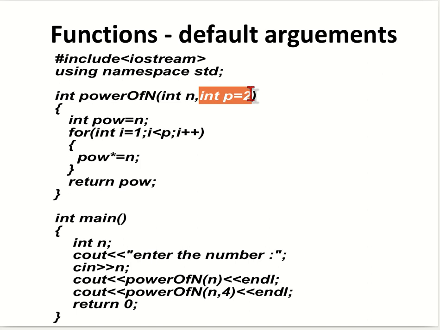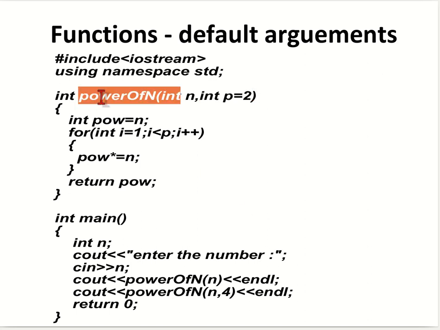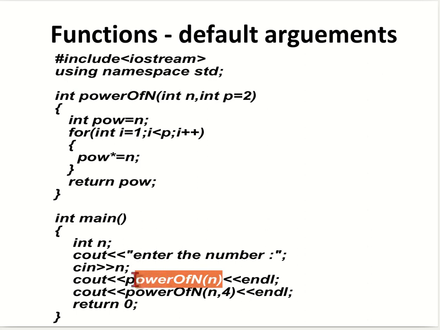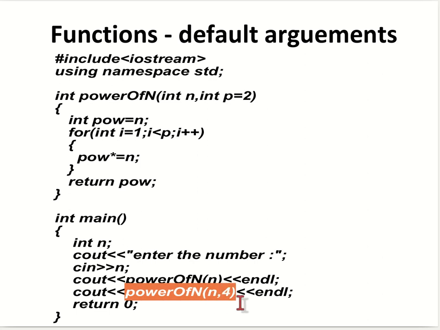If we call this function, power of n, using a single argument, it will take the second argument by default as 2. The p will by default become 2. And if I am calling it with both arguments, p will be assigned 4.